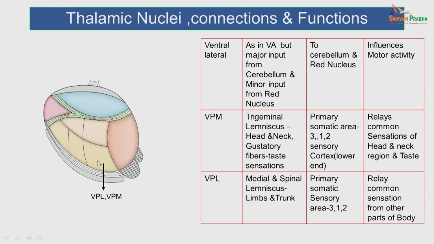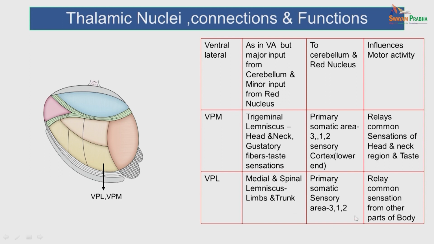Next, we have the VPL nucleus, which is the ventro-posterolateral nucleus, which has the medial and spinal lemniscus from the limb region, both upper and lower limb, and also the trunk region, the crossed fibers of general sensation of touch, pain, temperature, stereognosis, 2-point discrimination.